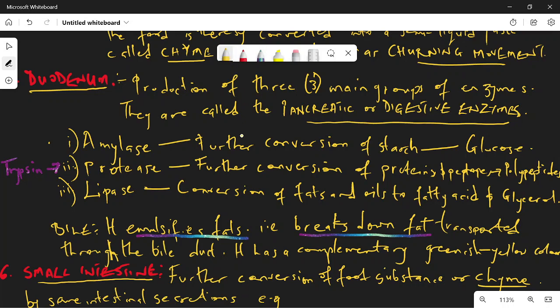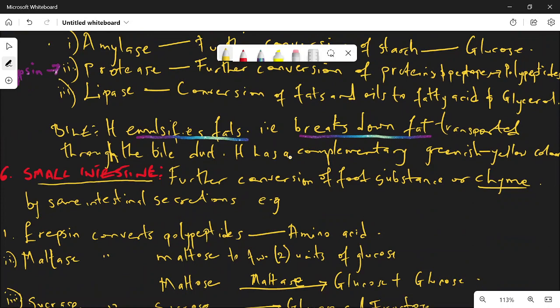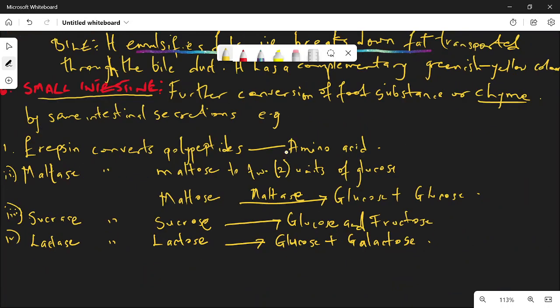And then when the food gets into the small intestine, it is acted upon by erepsin. Erepsin will now convert the polypeptides to amino acid, which happens to be the last degradative phase of proteinous substances.